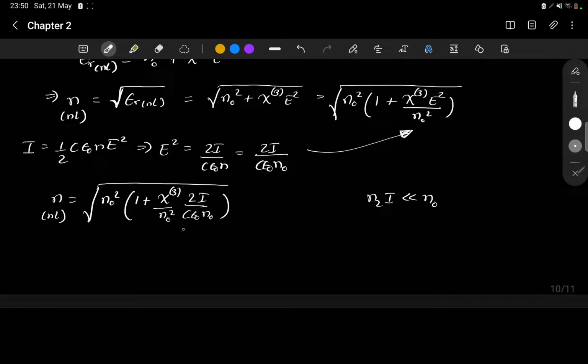So this term out here is going to be small in comparison to 1. So we can use from binomial expansion. This comes from binomial expansion.